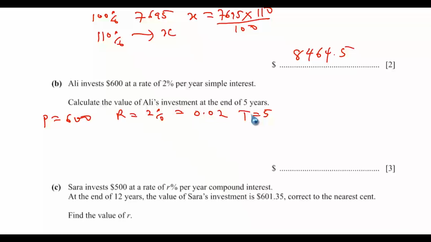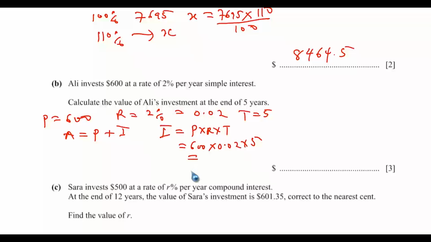So to calculate the value of Ali's investment at the end of 5 years, that will be the amount, it will be equal to the principal plus the interest. Already we have the principal, which is 600. Now we need to get the interest. So the interest will be P times R times T. So we have 600 times 0.02 times 5.